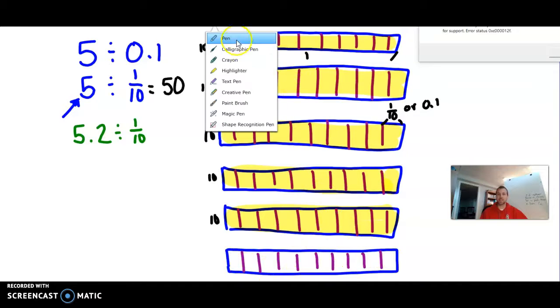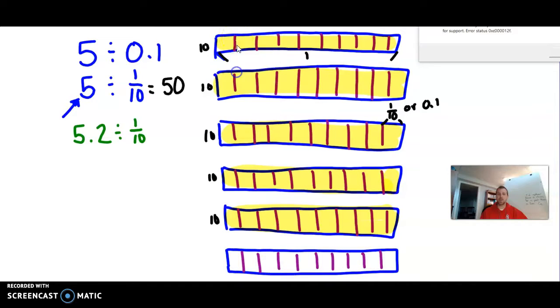But this time in my shading, I don't want the whole thing. I just want 2/10. There's 1/10, 2/10. I can say that I used 2 parts of it. Now, how many shaded parts do I have all together?